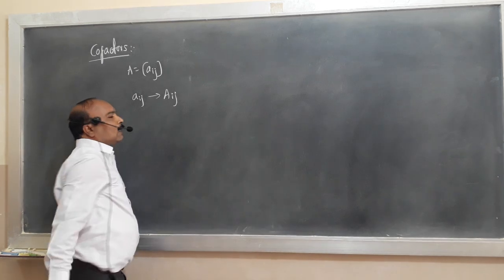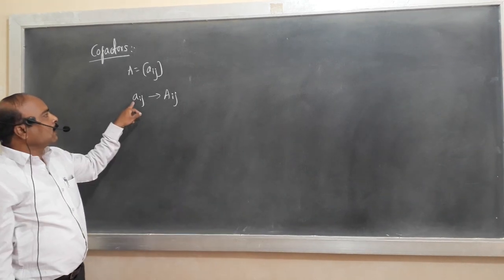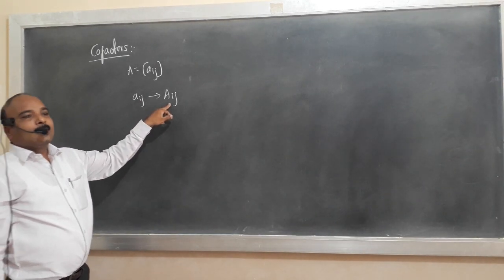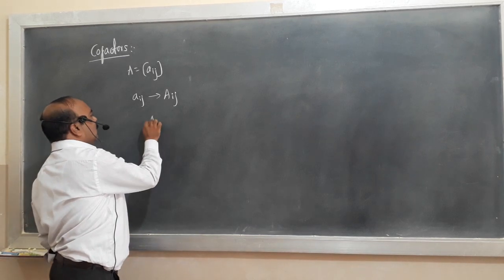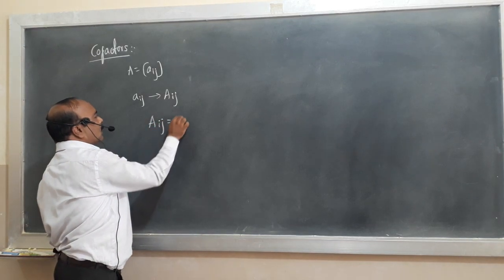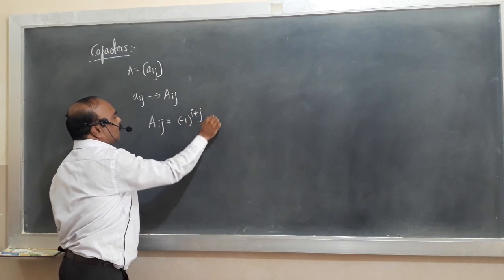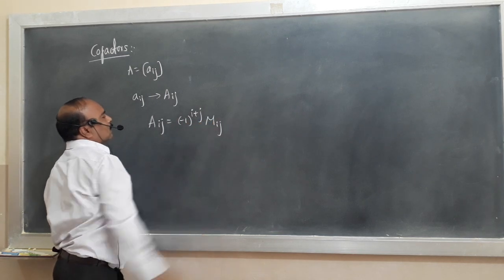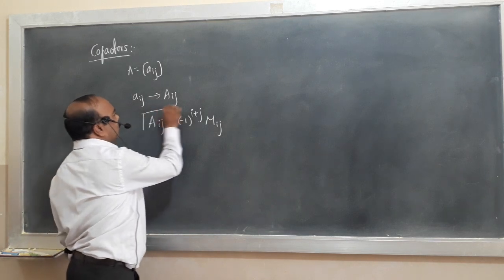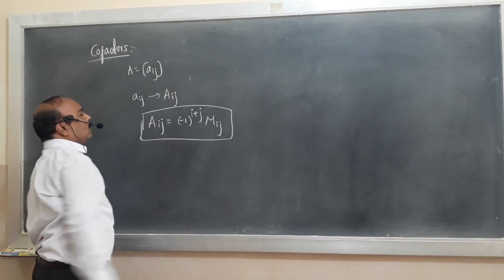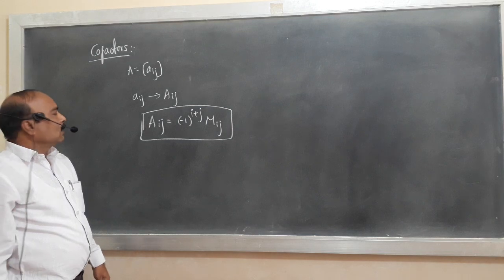This capital Aij stands for the cofactor of the element aij. Now it is defined by Aij equal to minus 1 power i plus j into Mij. So this is the definition for the cofactor of a given matrix.